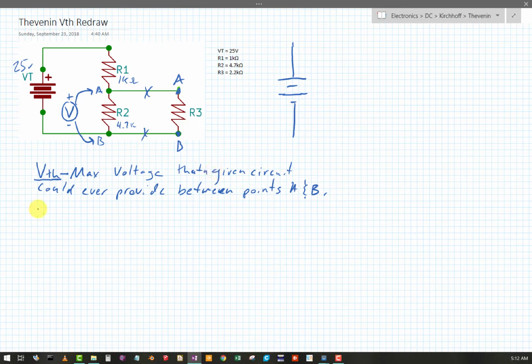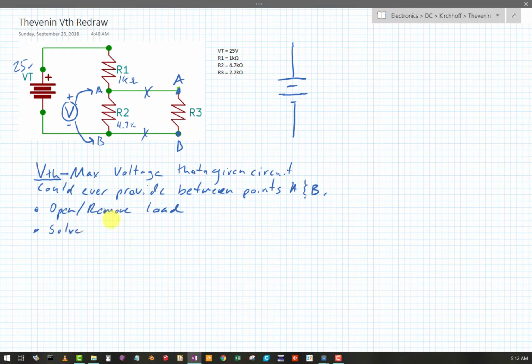So the steps: open or remove the load, which is just your target component or network. In this case it's R3. Open and remove the load.